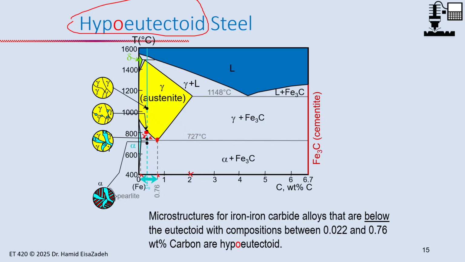So you have this alpha, and when you reach this point, we have alpha plus Fe3C. The remaining gamma, you see, we have some of the gamma transformed to alpha, but we still have some gamma left. That remaining gamma transforms to pearlite, or this combination.